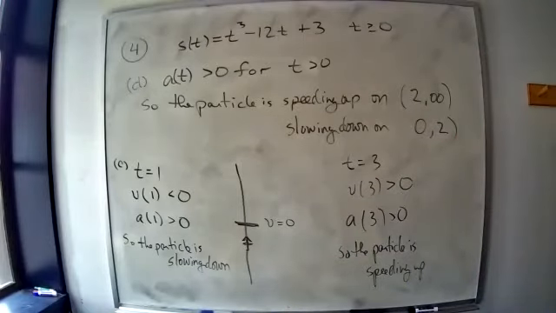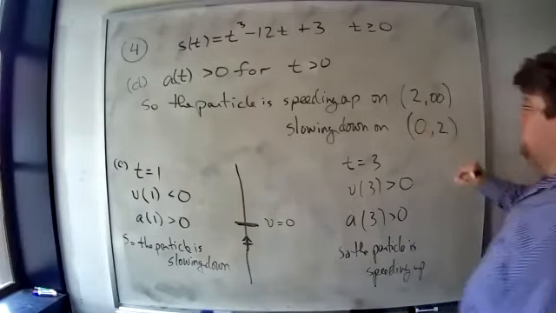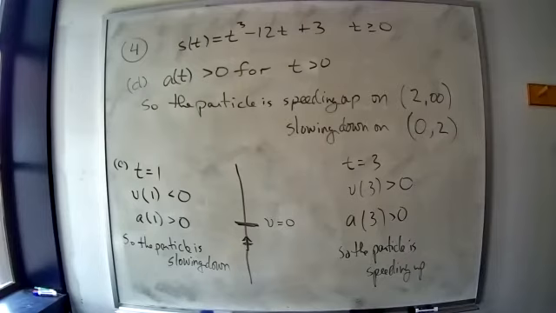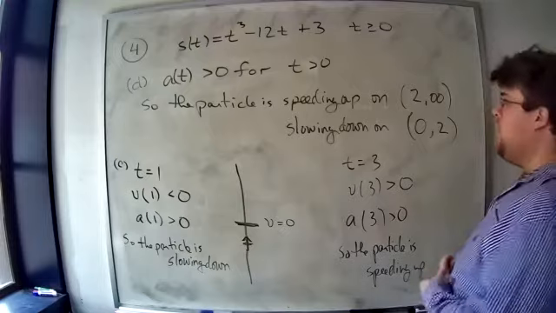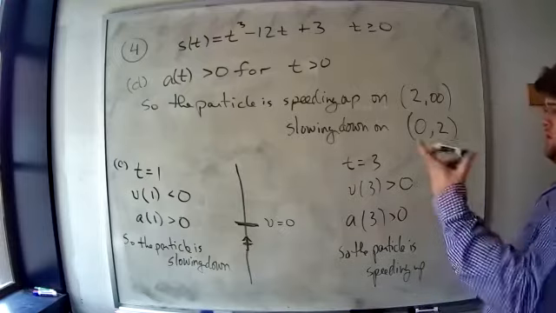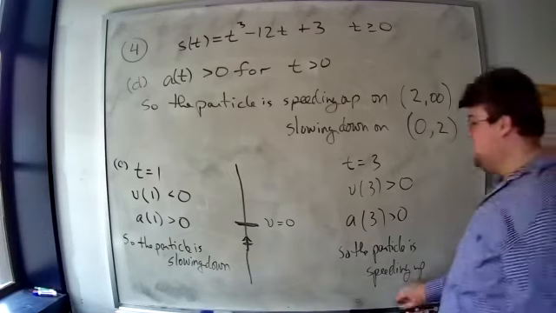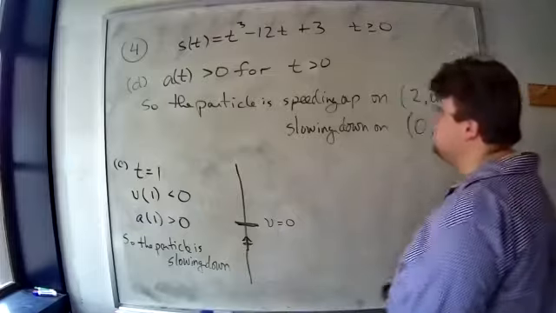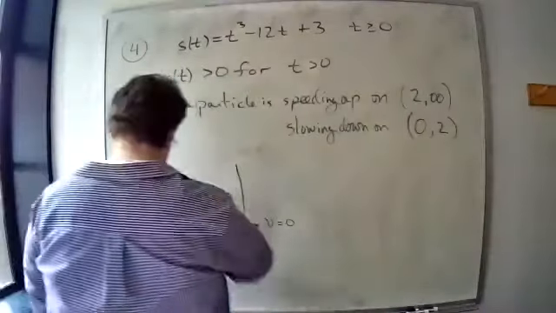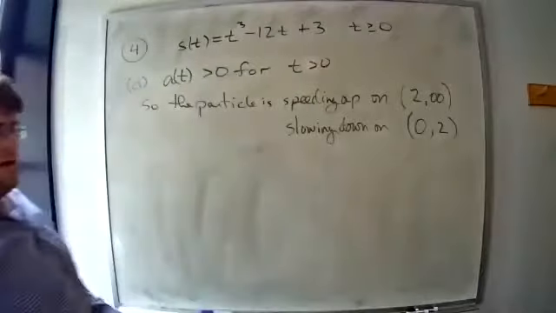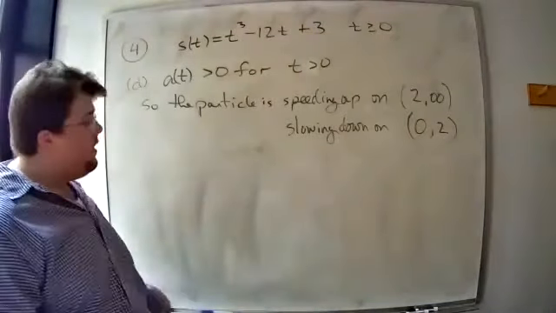And do we include 0? This time we don't. Why do we not include 0? Well, acceleration is 6t, and at 0, 6t equals 0. The acceleration is 0, which means that the velocity is not changing, so it's not speeding up or slowing down. So any questions about that?